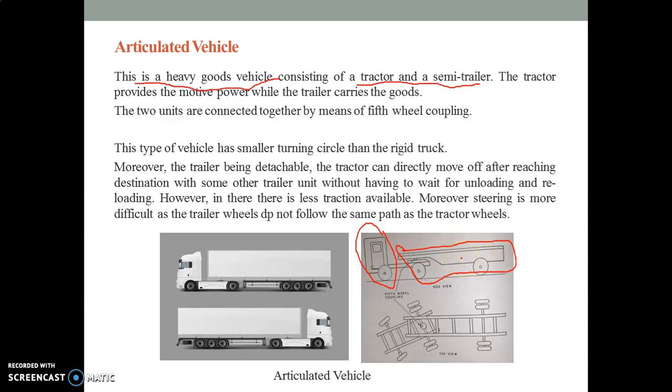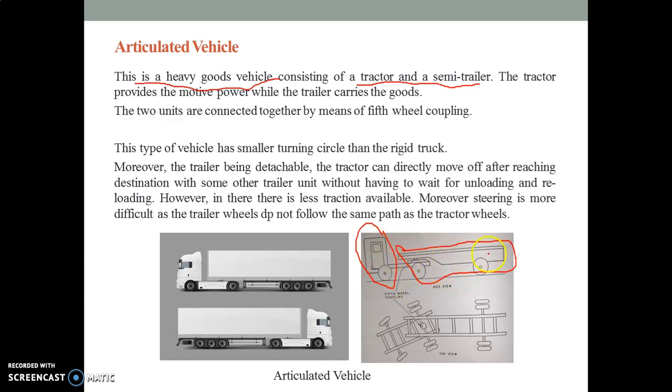The articulated vehicle resembles a horse-driven carriage or cart, as the horse can be removed away from the carriage. Similarly, the tractor portion can also be disconnected from the trailer or vice versa. Both can be separated from each other.